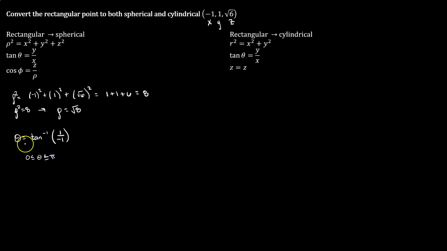Actually, not between 0 and pi, it needs to be between pi over 2 and pi to be in the appropriate quadrant where x is negative, y is positive. So whatever angle comes out from our calculator of tangent inverse -1, we need to make sure that we get the appropriate version or coterminal angle or corresponding angle that fits in our range.